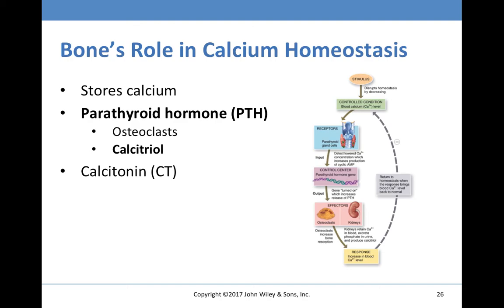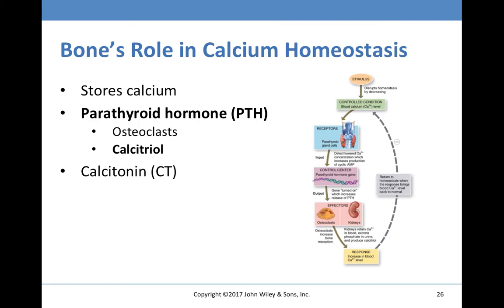And it will do so by osteoclastic activity. So remember, we've said that osteoclasts go into the bone and they begin to break it down. So by breaking down the bone, they release the calcium from being stored within the bone, and then that calcium can then travel into the bloodstream to raise our blood calcium levels.